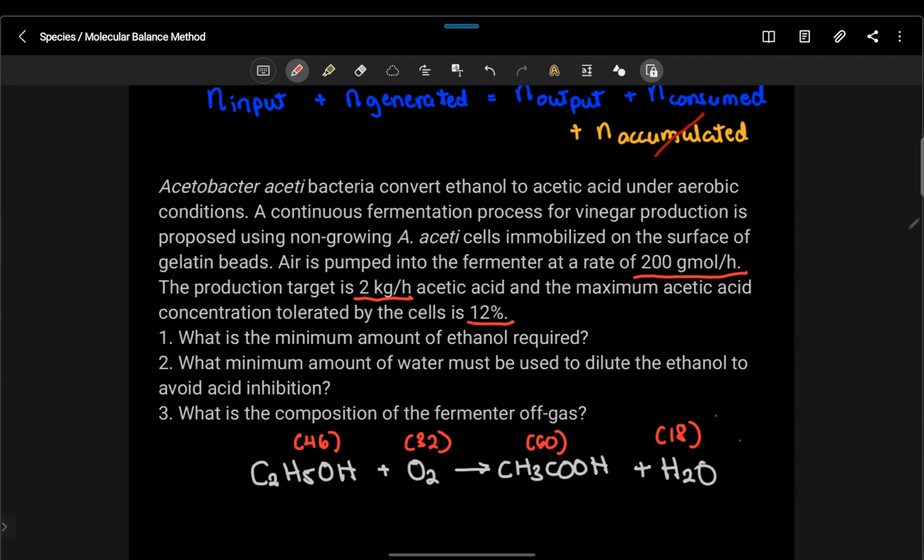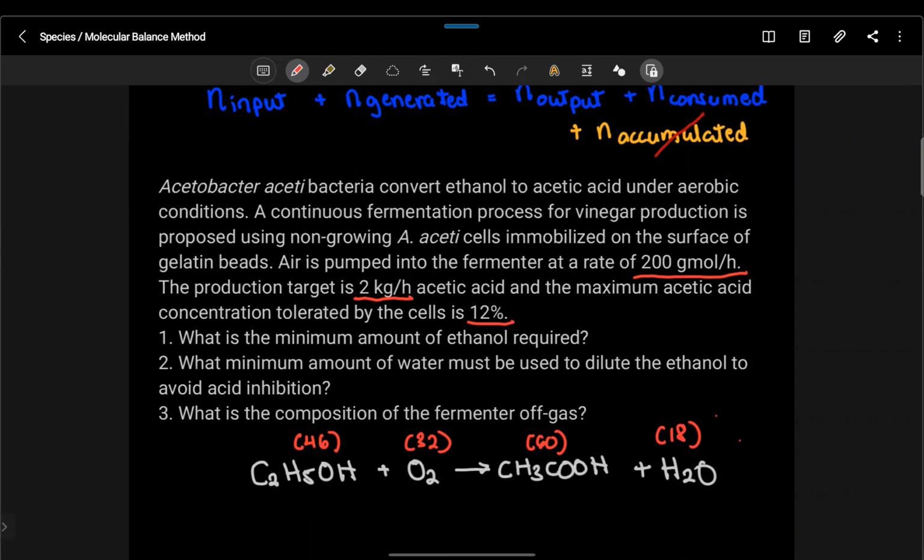Okay? So bakit 12% yan? Two things. Number one, gaya ng sinabi sa problem, pwede kasing magkaroon ng product inhibition. And it's true for many fermentation processes. For example, if we have ethanol fermentation utilizing glucose, yung ethanol, which is the product, may inhibit niya yung ating cells na ginamit dun sa fermentation. So, product inhibition ang tawag doon.